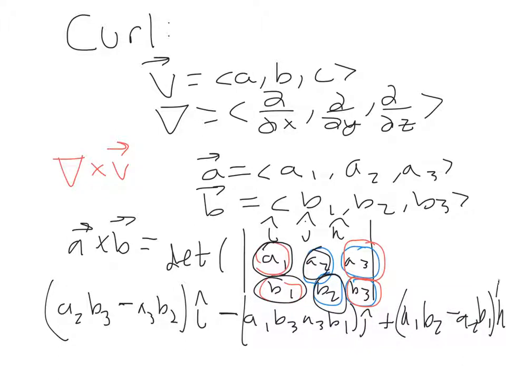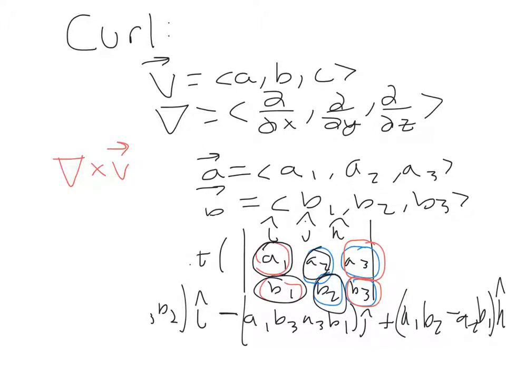Okay. Now, I'm going to assume that all of you already know this, so that'll just be a quick review of how to take the cross product of 2 3-vectors.